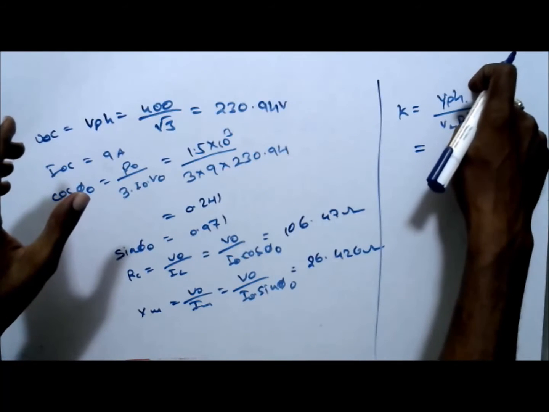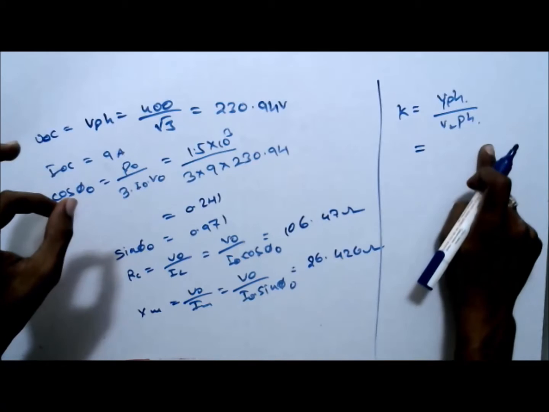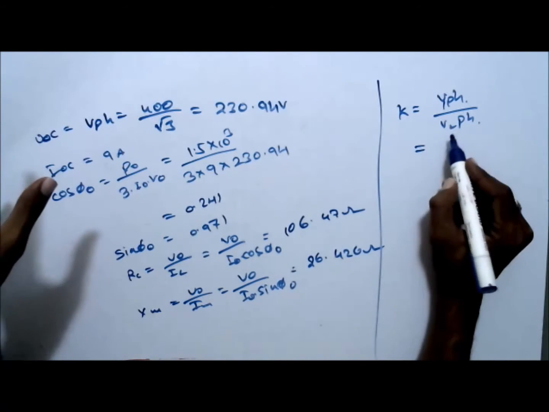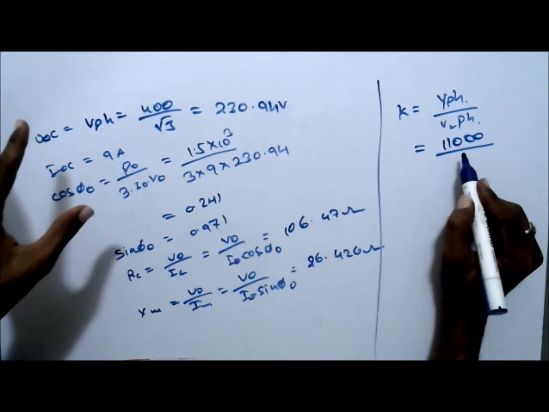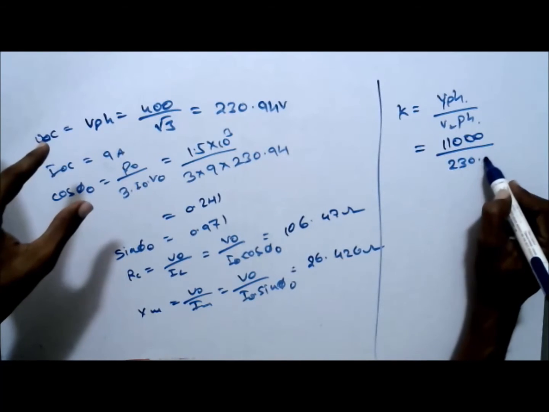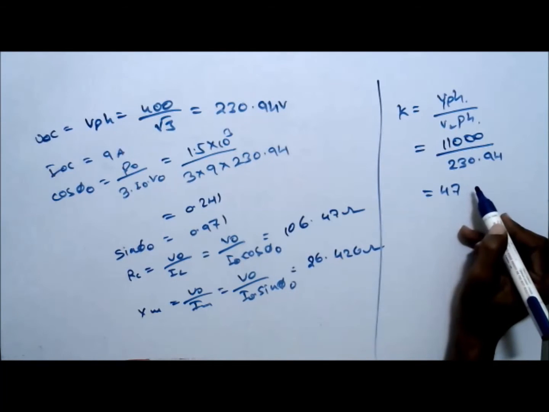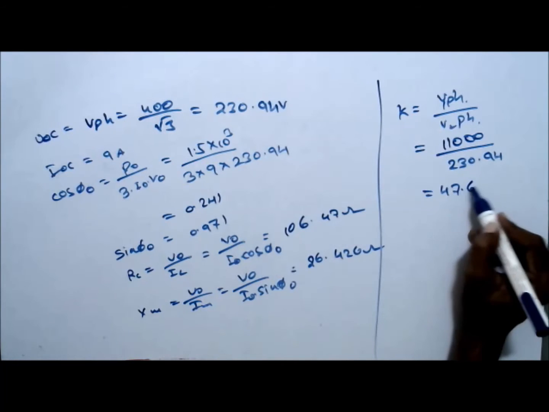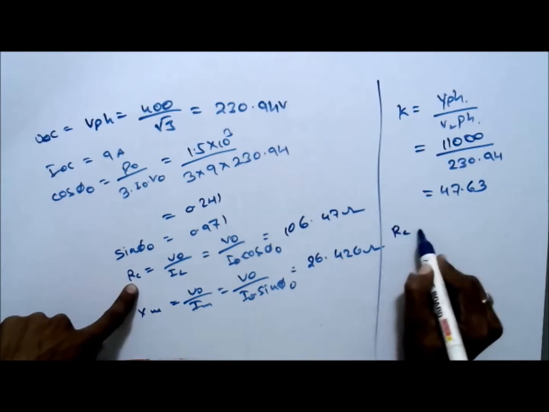Here the primary is taken as HV side and the secondary is taken as LV side. So K is equal to, primary is delta side, so 11000 divided by secondary at star side, taking phase voltages, 230.94 volts. This value came at 47.63.